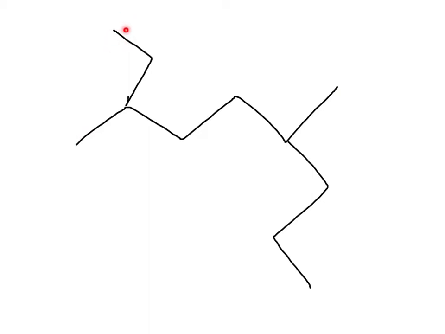Now I can have 1, 2, 3, 4, 5, 6, 7, a little bit longer chain. But also see that I've got this big kind of what looks like a substituent group down here, but is actually part of the main chain of the molecule. And if I start here, I get 1, 2, 3, 4, 5, 6, 7, 8, 9.